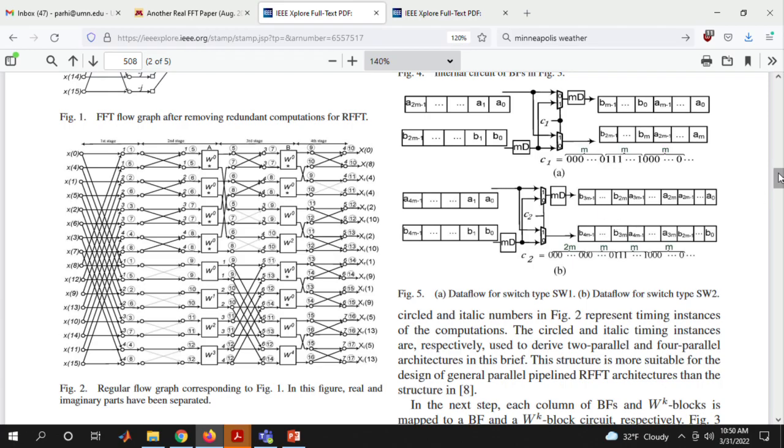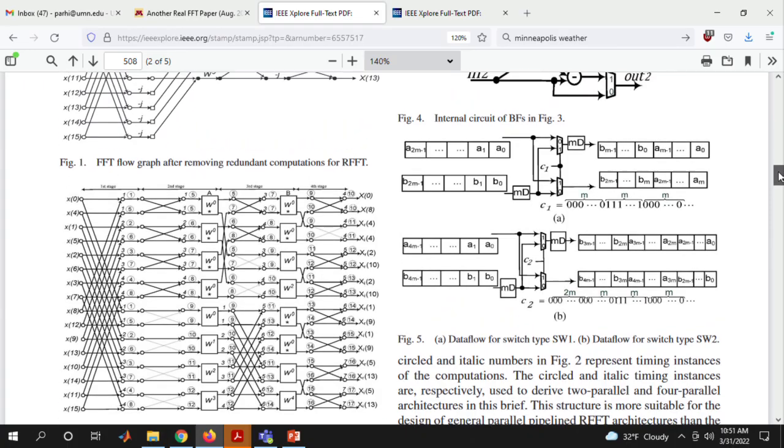But the control signal here changes a little bit. So there are two different switches, so-called switch 1 shown here, the control bits M zeros followed by M ones, so-called switch 2, two M zeros, let's see here, two M zeros, yeah, there is some different pattern here, and so those are the control bits.